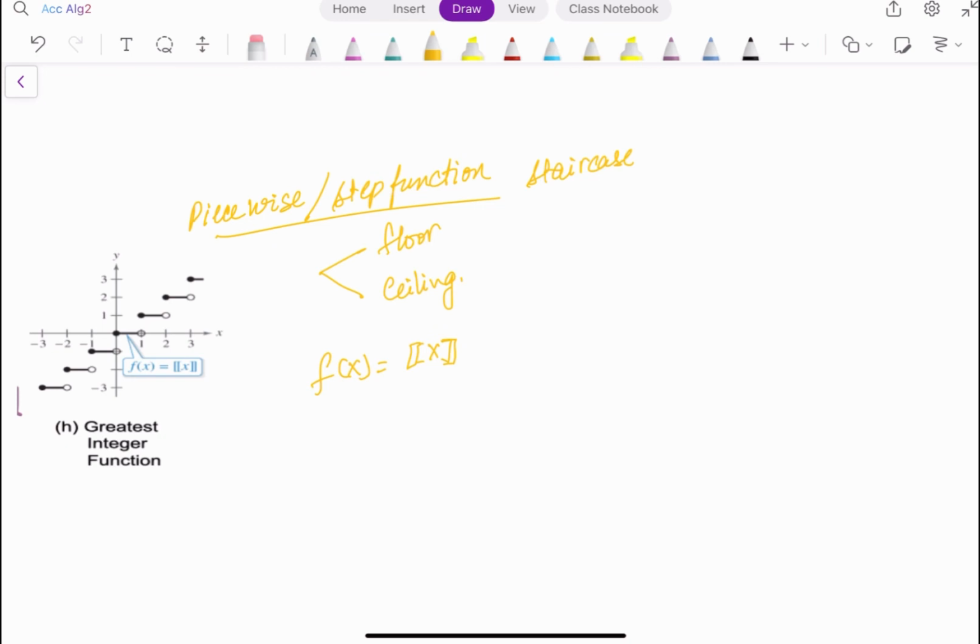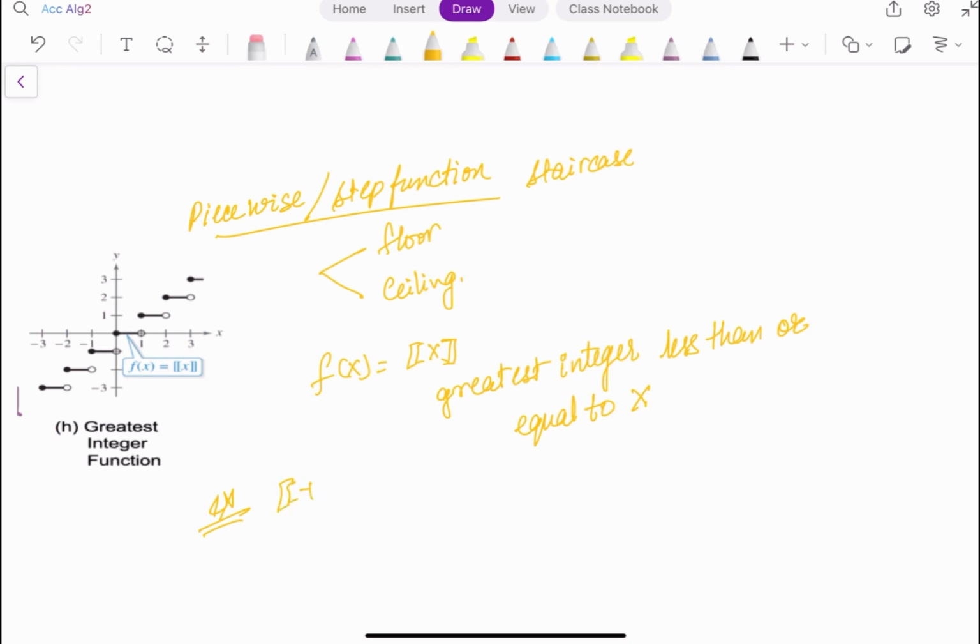This is how you will write the parent function, and pay attention to how the brackets are used. These are not the normal brackets. This is called the greatest integer function, and it gives the greatest integer less than or equal to x. So pay attention to integers.